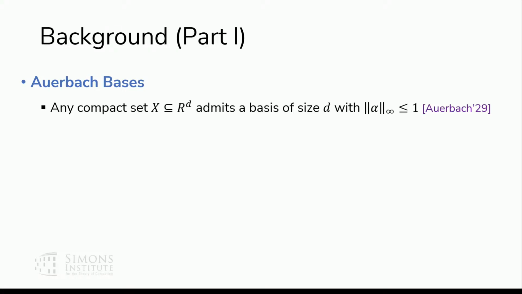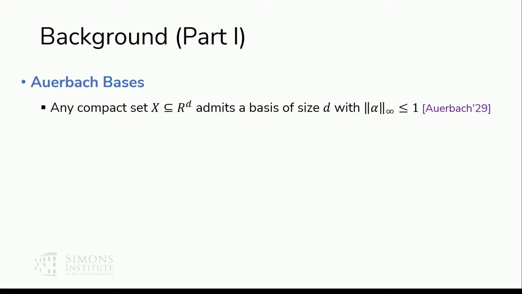And it seems to be a very important problem, in the sense that people have rediscovered it several times, and it has been used in various applications. Back in 1929, there was a basis defined by Auerbach, in the context of functional analysis.